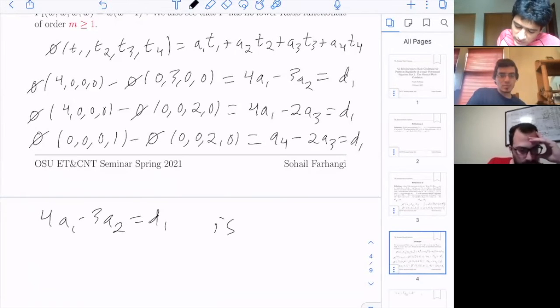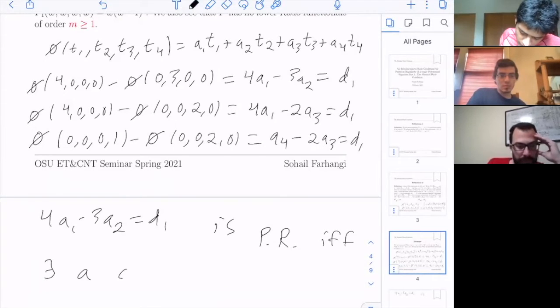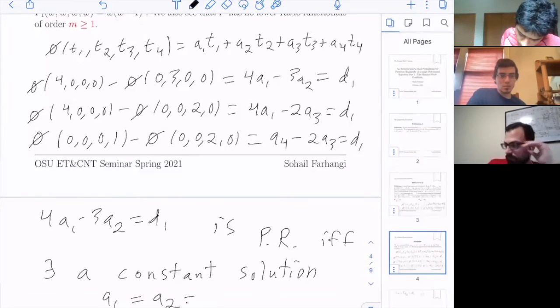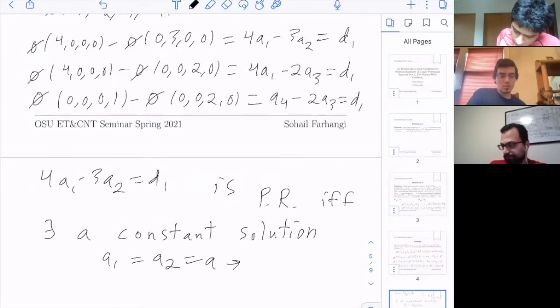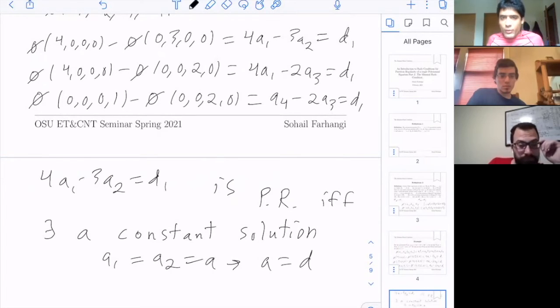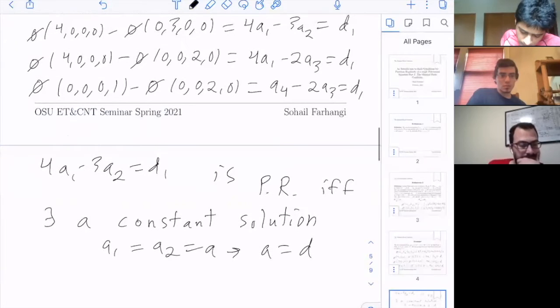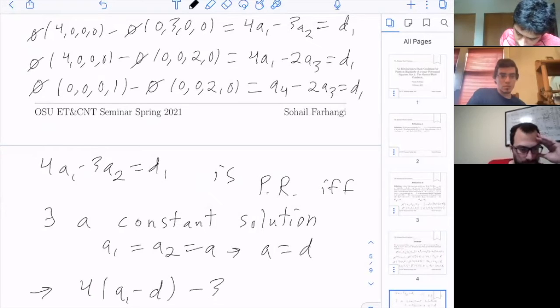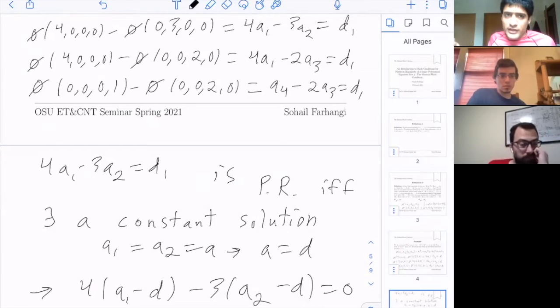This nonlinear equation is partition regular if and only if there exists a constant solution, which would mean, if they were the same, then you would end up seeing that the constant is d. And then we see that in this case, if it was partition regular, you could rewrite it into this equation, or you could actually always rewrite it into this equation.